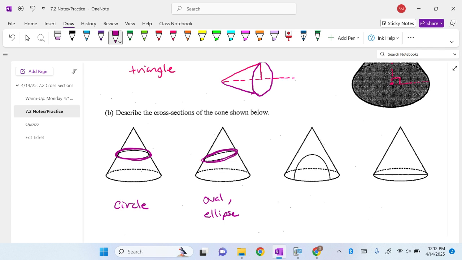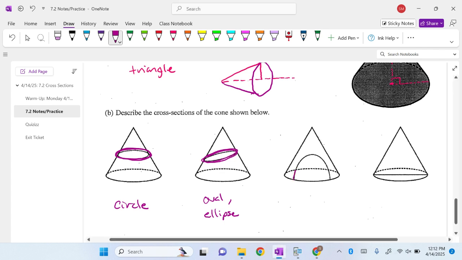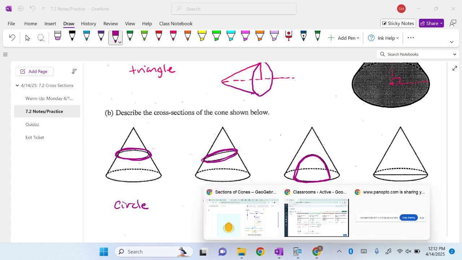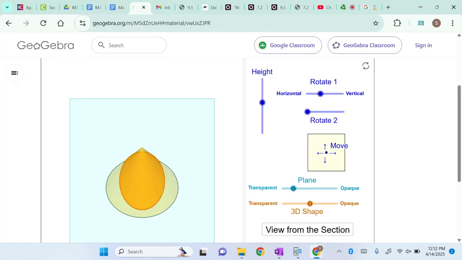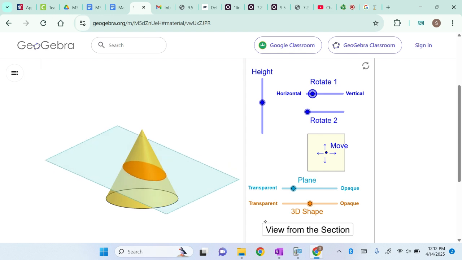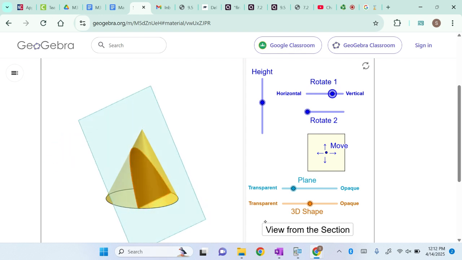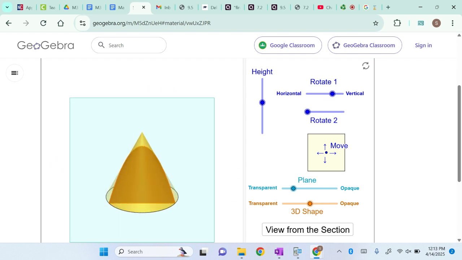Now, this one's a bit weird. If I cut kind of through it, but not quite all the way. So in other words, if I'm looking at it, I cut it like that. So it's kind of diagonal, but not quite all the way through. It would form this shape. Looks kind of like a parabola. Now, you guys probably don't know the name of this shape.